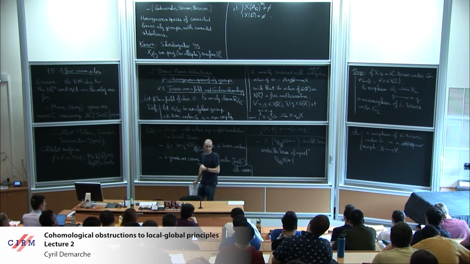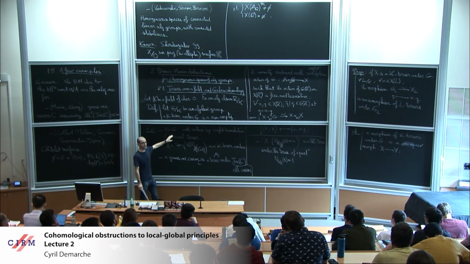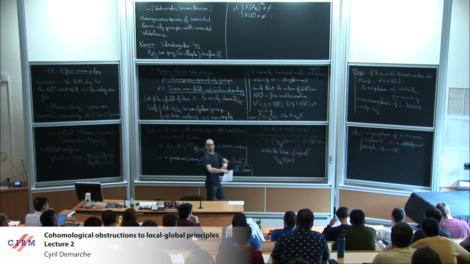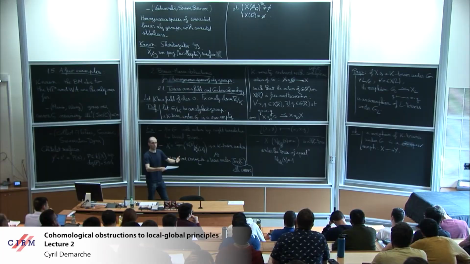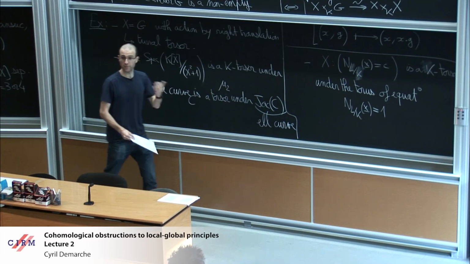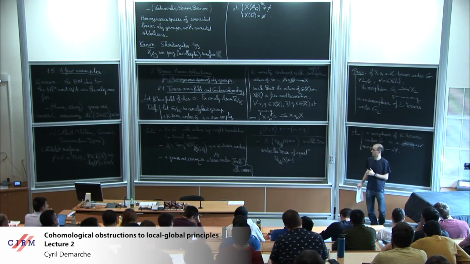We could have defined torsors as K-forms of the trivial torsor. A torsor is just something defined over K with an action of G, which becomes isomorphic to the trivial torsor with its natural action over K bar. So this would be an alternative definition of a torsor.